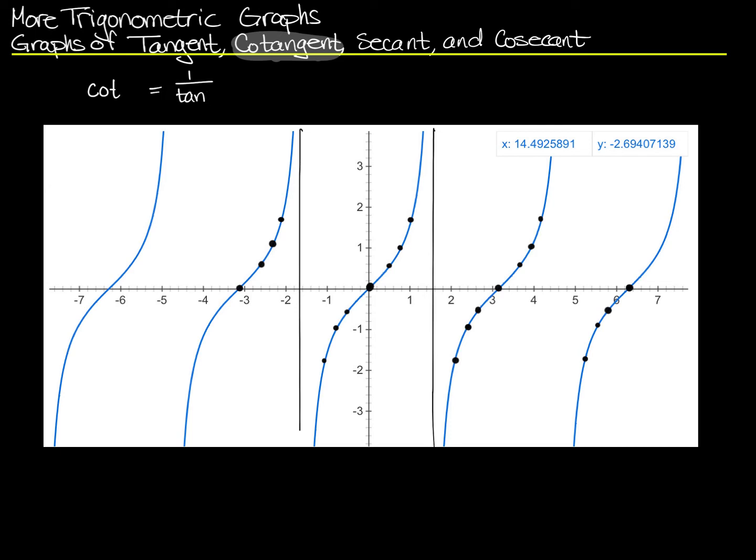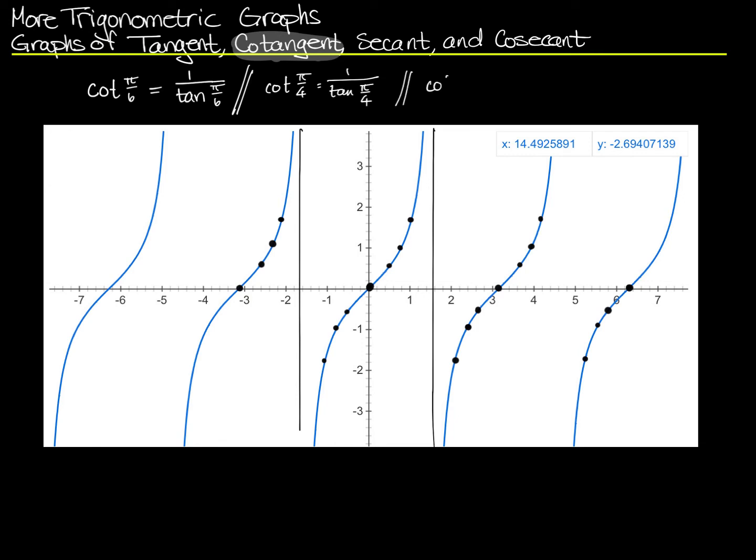If I'm going to use a specific angle here now rather than just the cotangent of x, I'm going to say the cotangent of pi over 6 is equal to 1 over the tangent of pi over 6. The cotangent of pi over 4 is equal to 1 over the tangent of pi over 4.